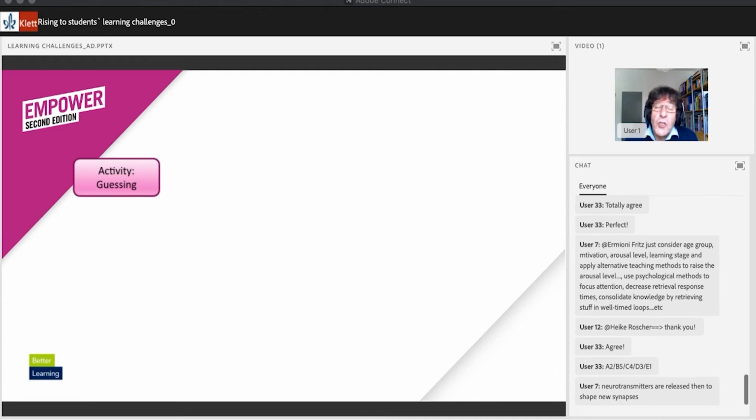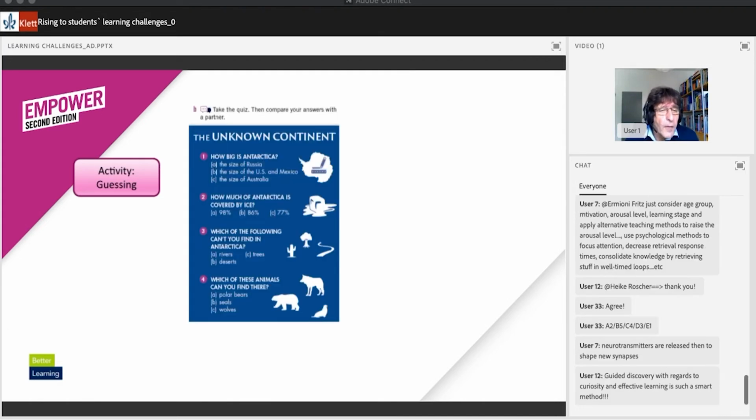Those of you who have done CELTA courses will be familiar with the idea of concept checking questions, CCQs, and this is more or less the technique that we use in Empower to introduce grammar. So this shows learners what they don't know and what they maybe want to know. Also, of course, we can arouse curiosity through activity types, in particular things like activities which involve guessing and predicting.